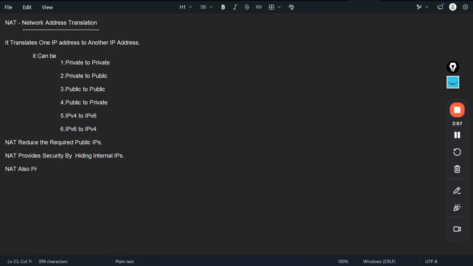NAT also provides communication between overlapping networks.